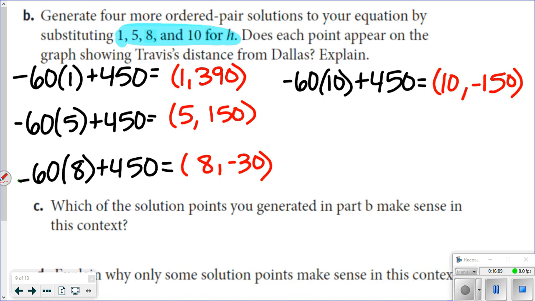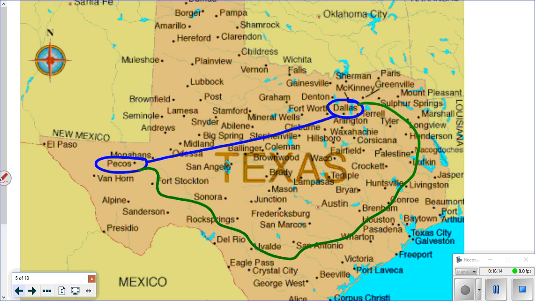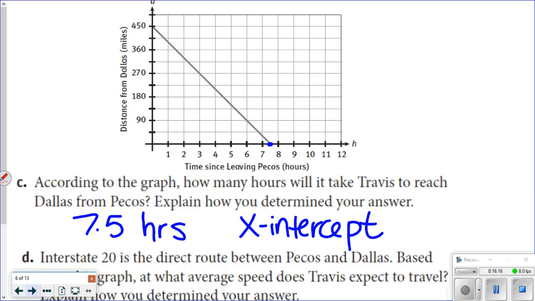So if we go back to the graph right here, if I go over to 1, up to 390-ish, yeah, I guess it's on our graph. Over to 5, up to 150-ish. Over to 8, down to negative 30, not on my graph. Over to 10, down to negative 150, not on my graph.